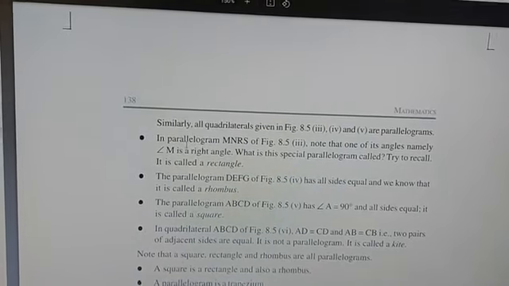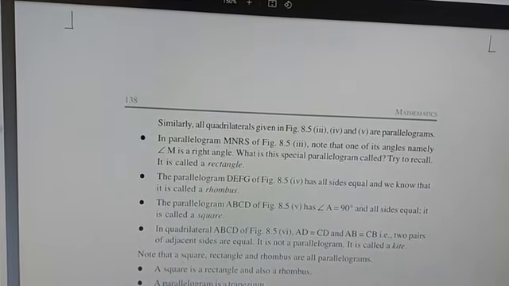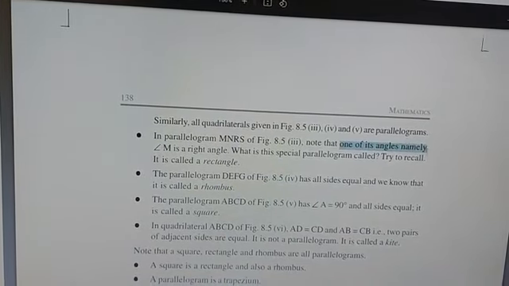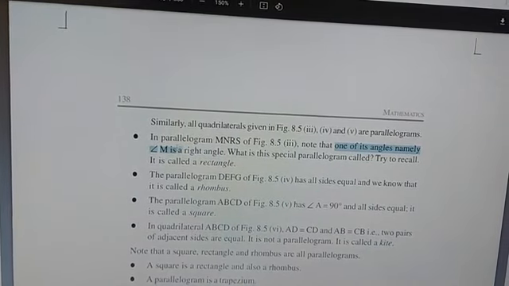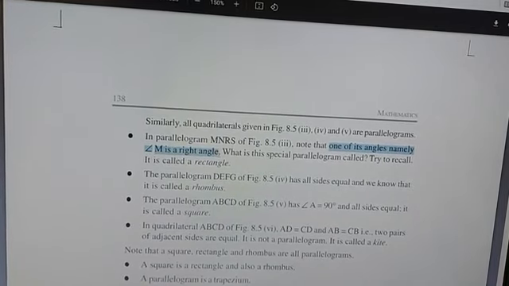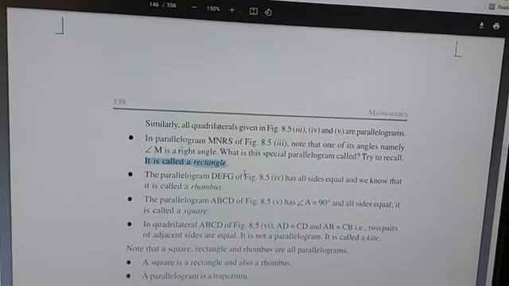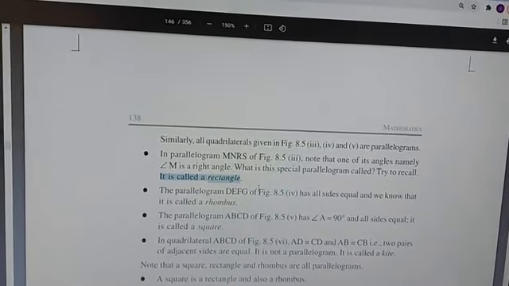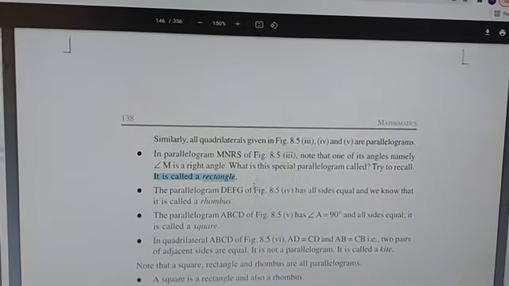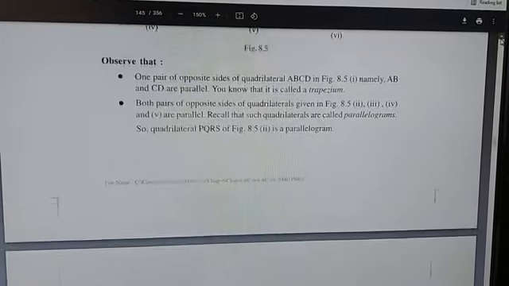It is not given in the book, you just write opposite sides are parallel, and one of its angles, namely angle M, or any one angle we can say, is a right angle, then it is called a rectangle. The definition of rectangle is: opposite sides are parallel and each angle is 90 degrees, then it is called a rectangle. Clear?